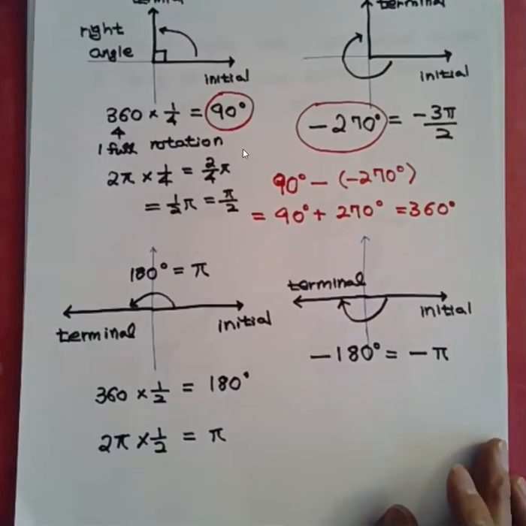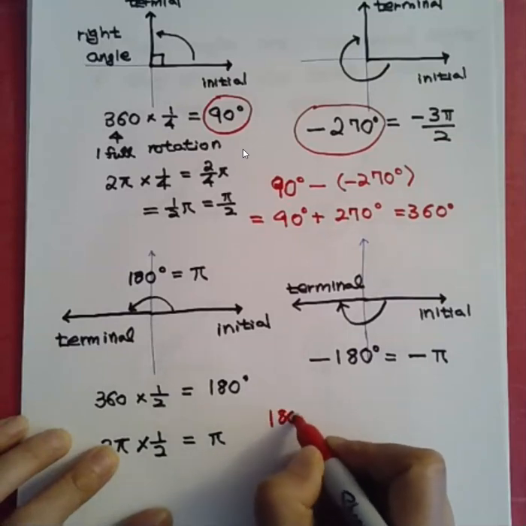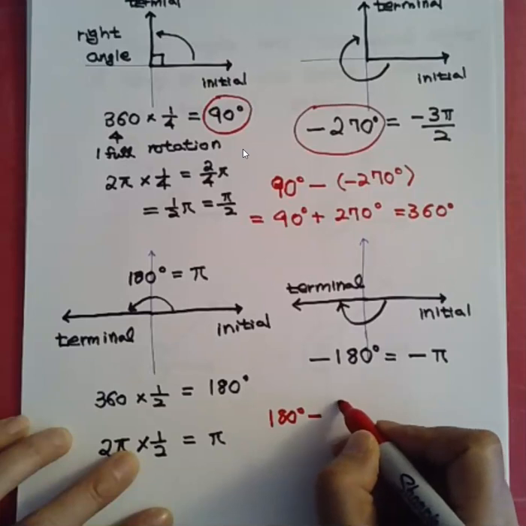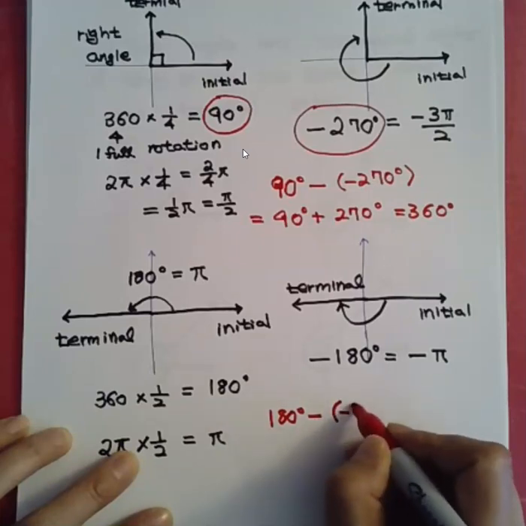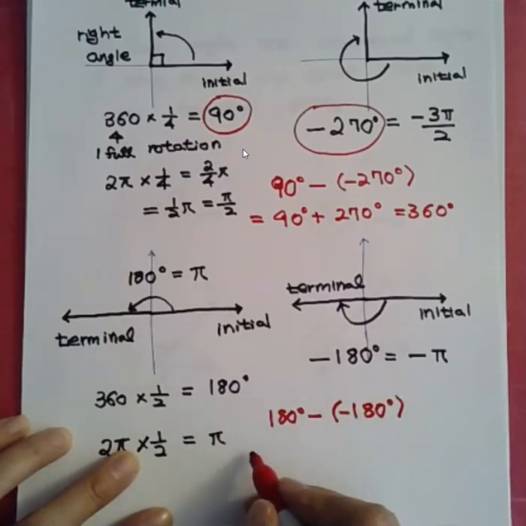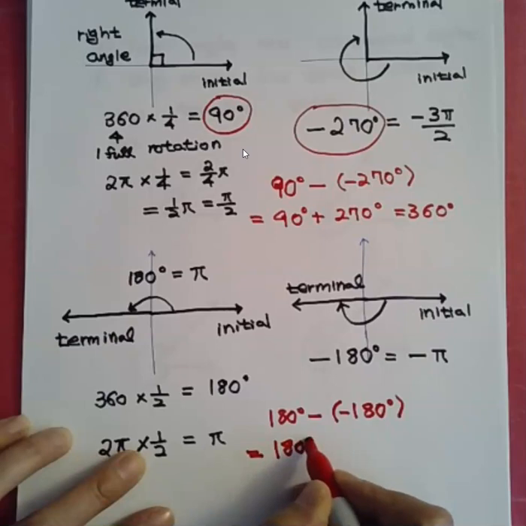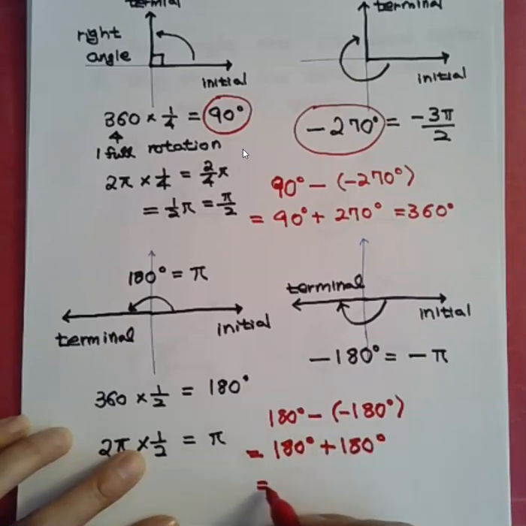When we pull out this example, one angle is 180 degrees and the other is minus 180 degrees. When we think about the difference, we have to subtract the other angle. So we have 180 minus minus 180 degrees. That is 180 degrees plus 180 degrees. That becomes 360 degrees.